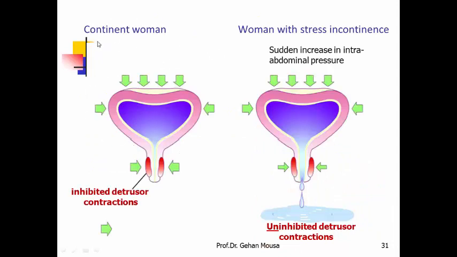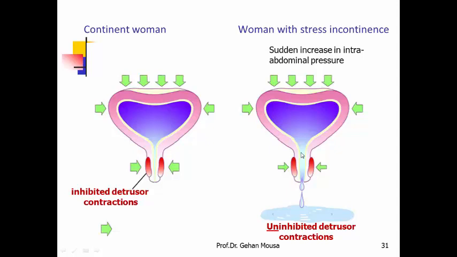This is a continent woman, whose bladder is full and inhibits the detrusor muscle. Under voluntary control, she can contract the bladder walls and relax the sphincter muscle to evacuate the urine.